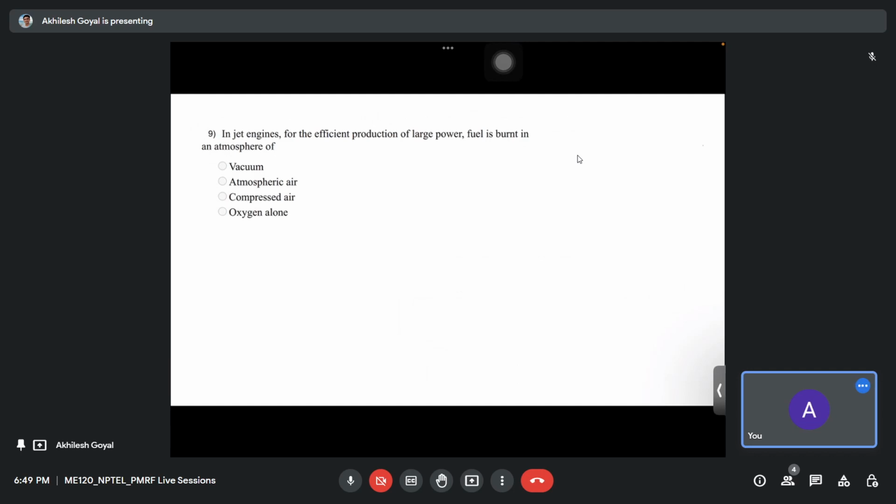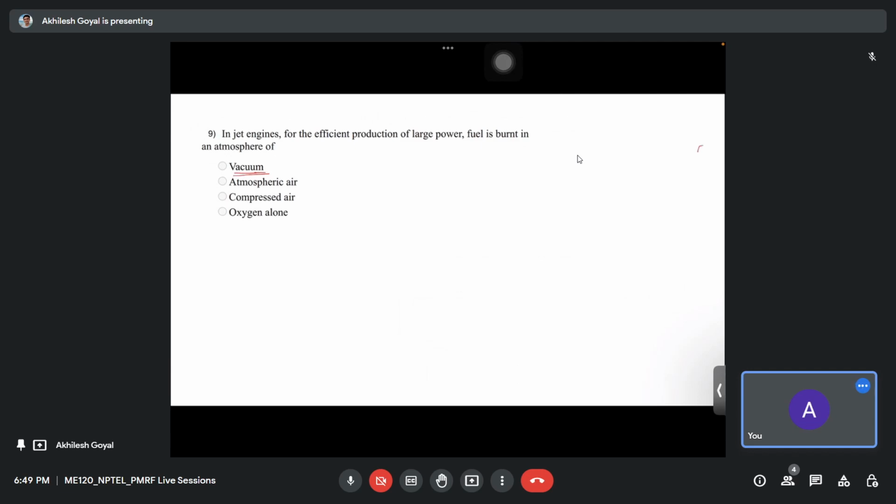So for efficient burning of the fuel, we need extra air, extra oxygen available to get the fuel to burn. Let's see the options here. Fuel is burnt in an atmosphere of vacuum.